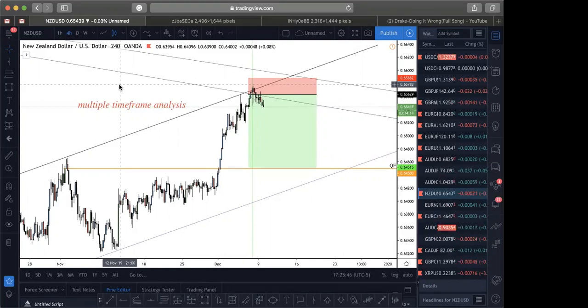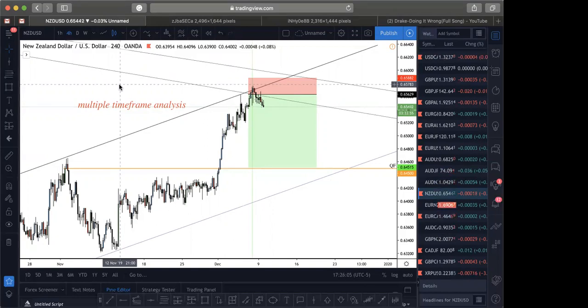So generally speaking, the higher time frames would have a bigger influence on the market, and different time frames have different trends.